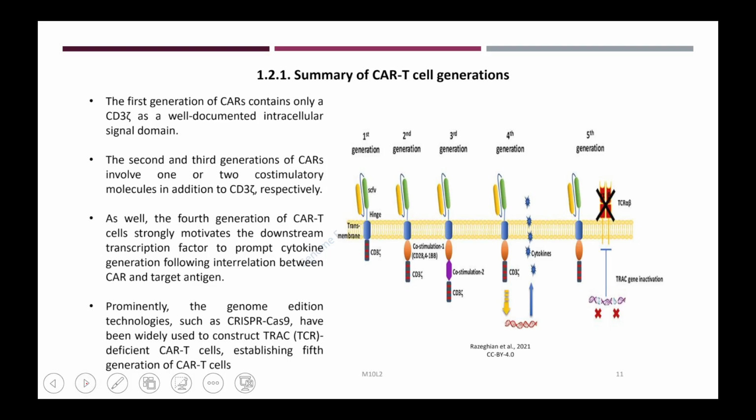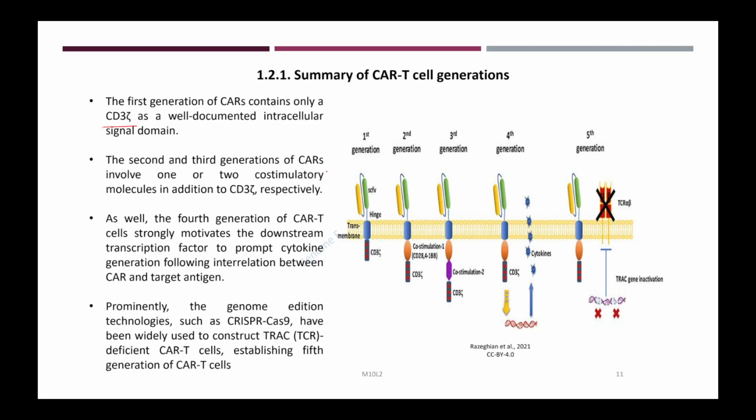So there are several co-stimulatory molecules, different molecules that have been used according to the different response or different type of cancer cells. Okay, so there are different generations of these CAR T cells. The first generation of CAR T cells contains only CD3 zeta as a well-documented intracellular signal domain.